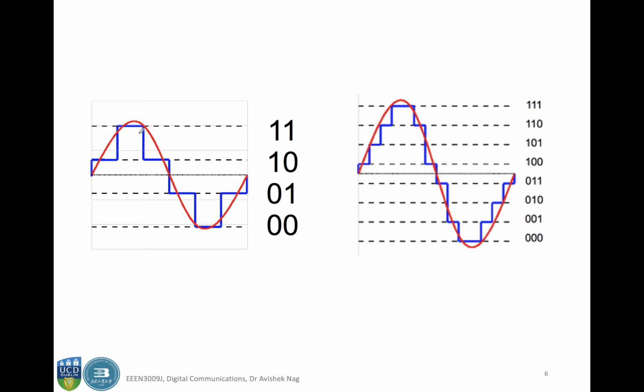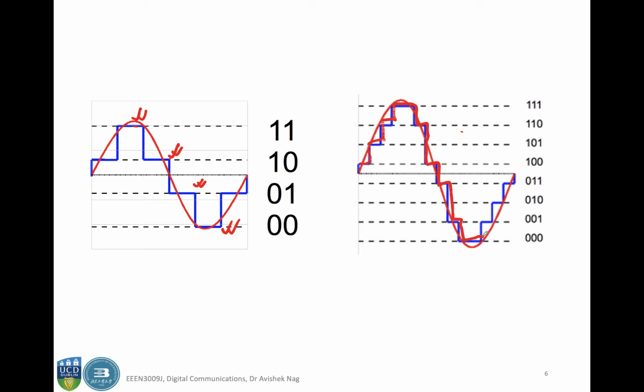So the highest point is denoted by, let's say, 11, then the next is 10 here, and then you have the next level 01, and then finally 00. Now if you represent the same signal with a 3-bit quantizer, then you can see that you do a better job. So you have more levels to play with, and you can have a better approximation of the original signal here with a 3-bit quantizer.